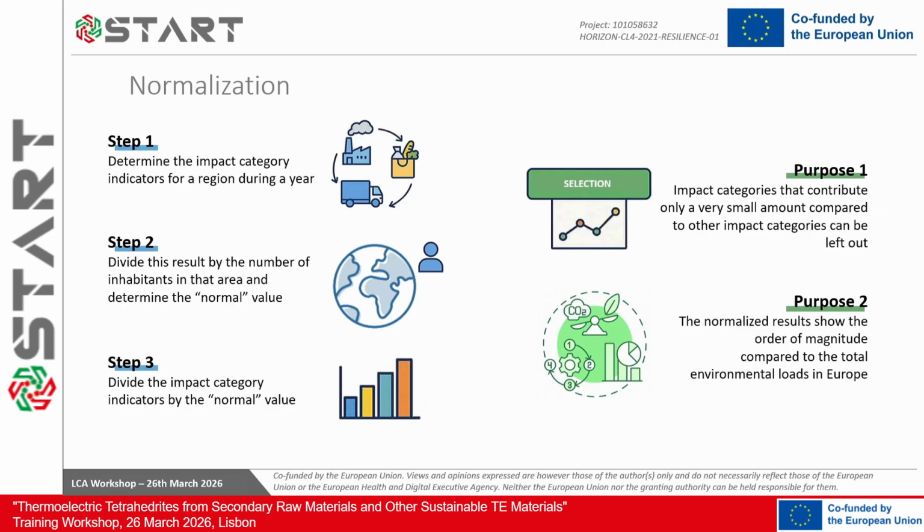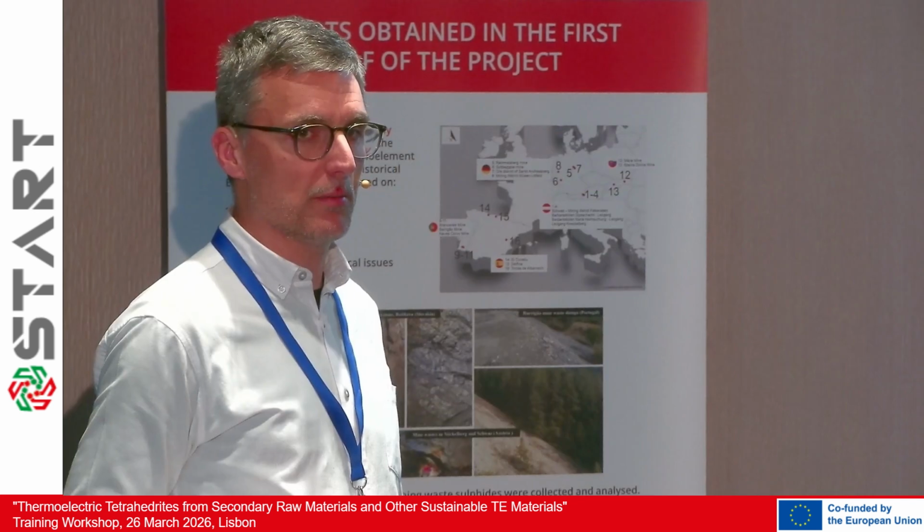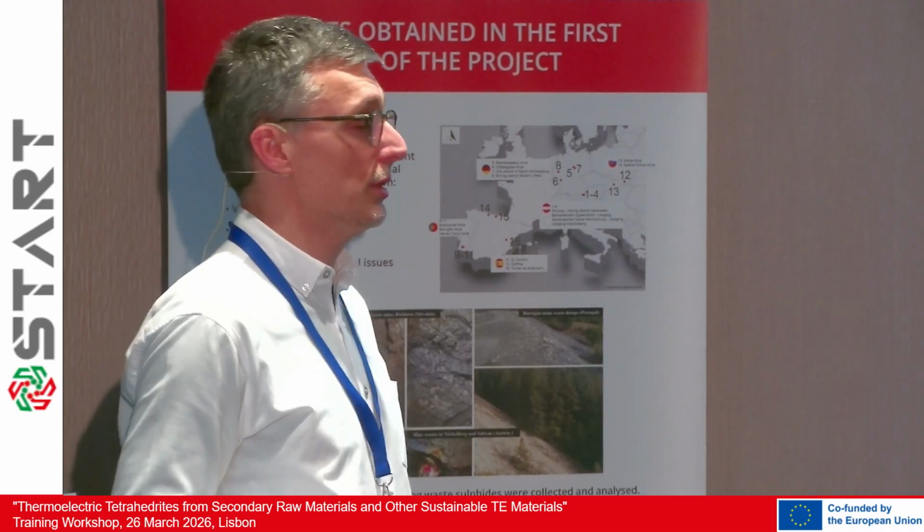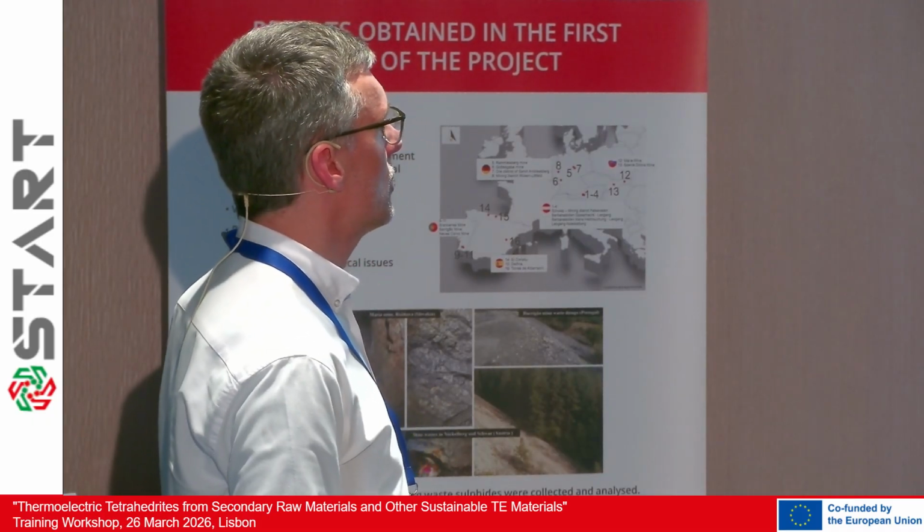So it's normalized from 0 to 100% or even more, but you would say that 100% is the impact that each of us has in a given category, and that will allow us to compare how much is the environmental impact of a given product compared to my environmental impact as a citizen in 1 year. So it allows you to see the relevance and compare different categories dimensionless, without units. So this is just a summary of that.